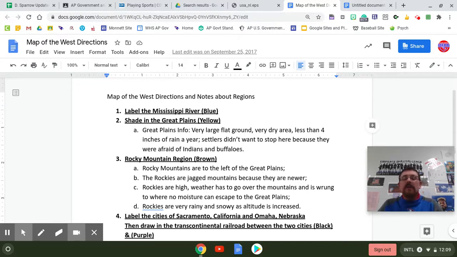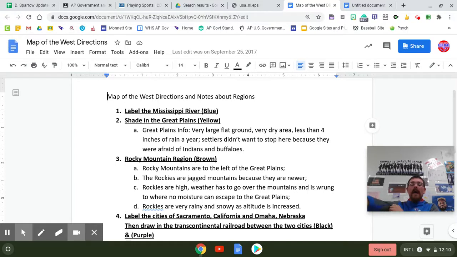The Rocky Mountain region, again, they are just to the left of the Great Plains area. The Rockies are jagged mountains. They're newer than the Appalachian Mountains, which run on the eastern part of Kentucky, actually, on the East Coast. And the Rockies are a high mountain range. In the video that you're going to watch, they're going to talk about the Sierra Nevadas. These mountain ranges are going to be predicted to actually rival the Rocky Mountains in the future.